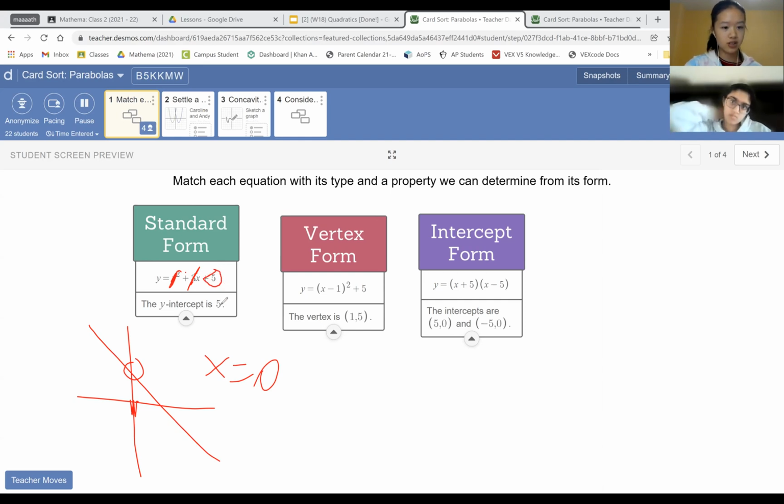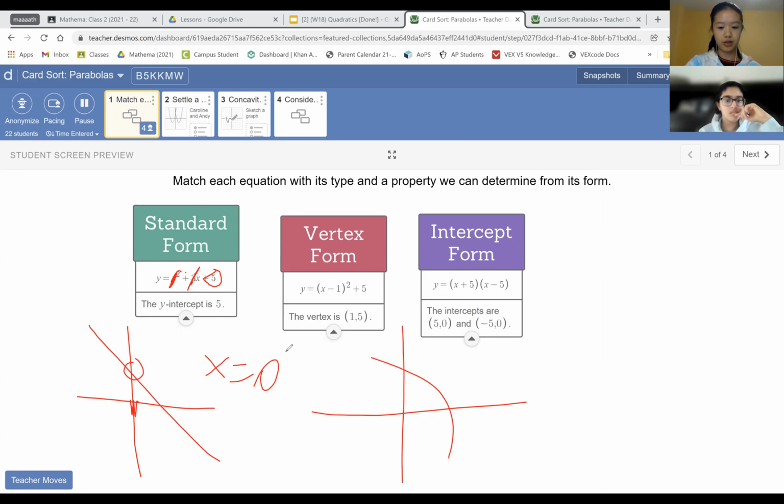So that's why standard form is usually the best for solving for that. But I still don't understand why x has to be 0. Could it not work with other scenarios? Well, the y-intercept is when a graph crosses the y-axis, so this point, right? The y-axis happens when x is 0. So yeah. Okay, got it.